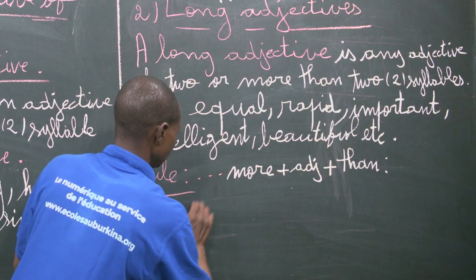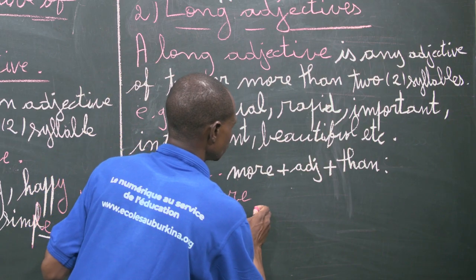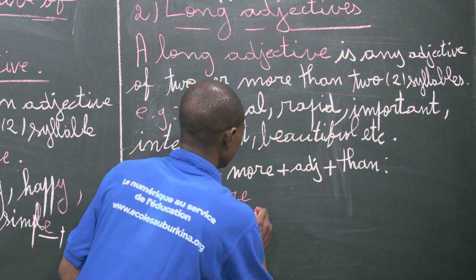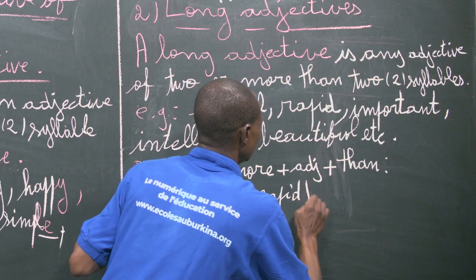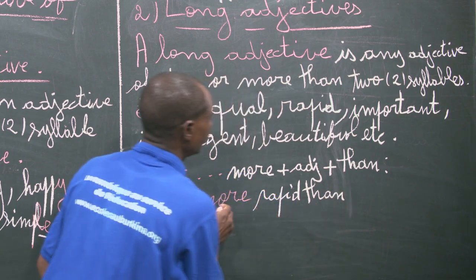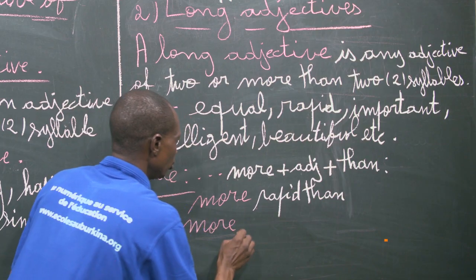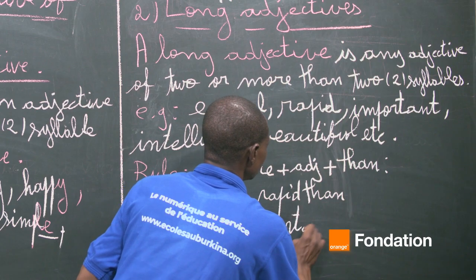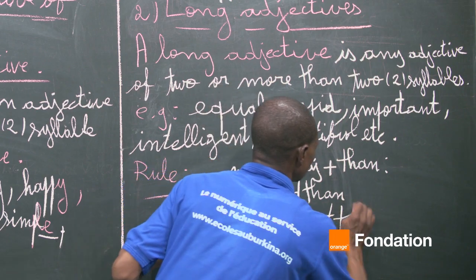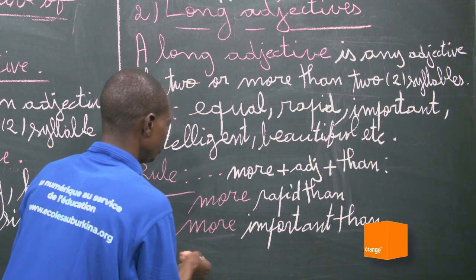You can say, for example, more rapid than. Okay, more rapid than. And after it we have also more important than. And after it we have more beautiful than.